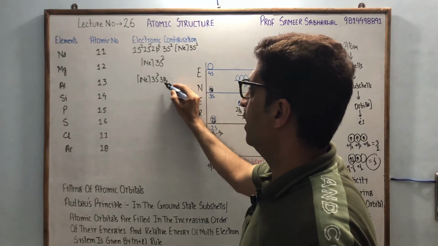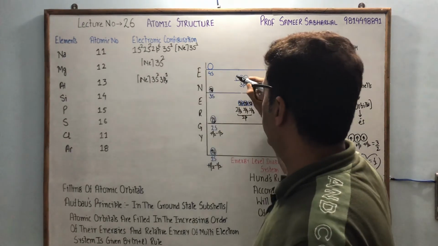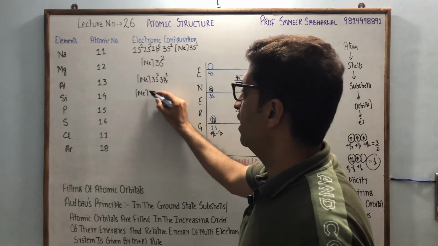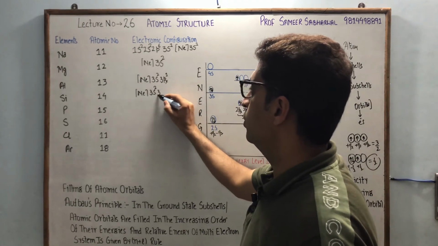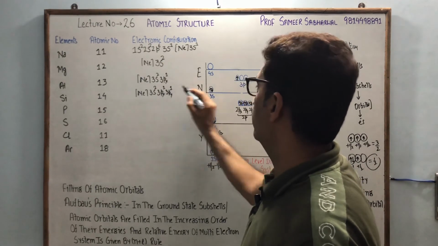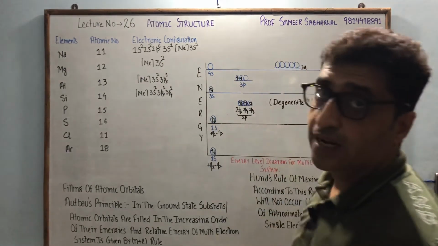Now I am going to apply 3px1 here, and for 14 this is Hund's rule which is going to decide filling. 3s2, 3px1, 3py1. So electron comes here, right.